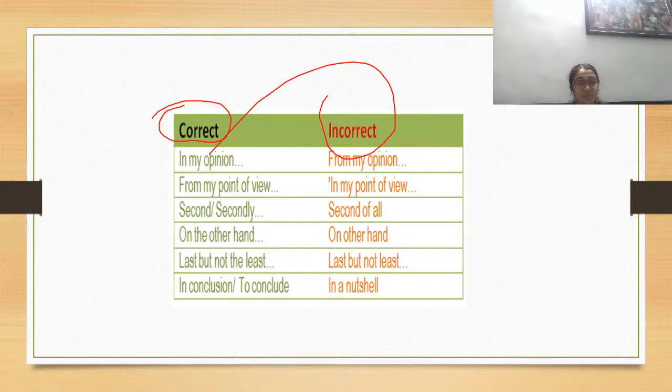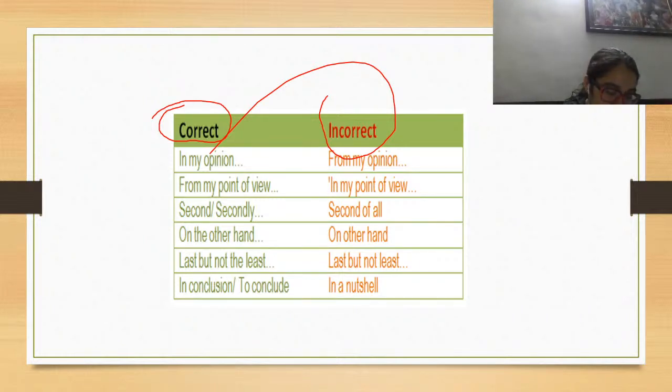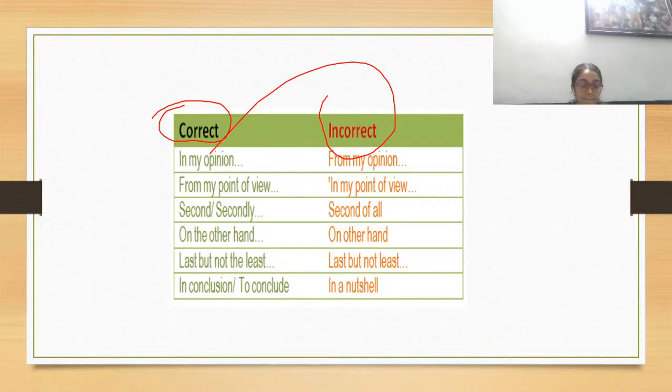Take a moment and absorb all these things, and then we'll begin with the next part. Shall we move ahead?